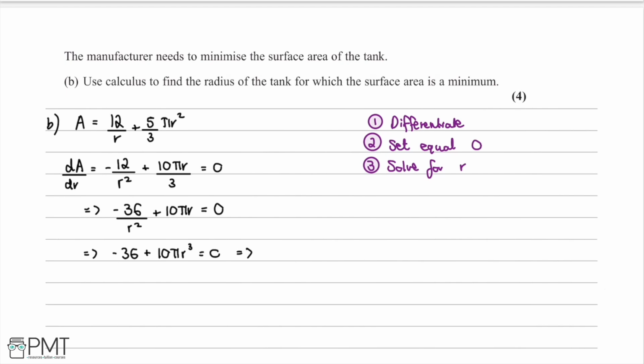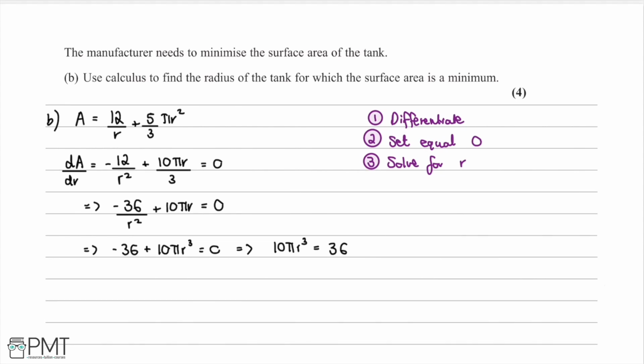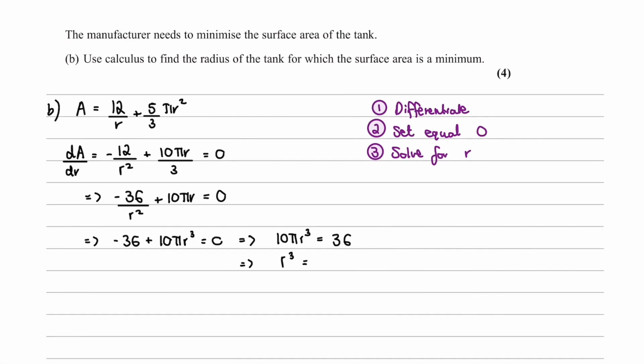And then continuing this on, we shall add 36 to both sides. So this leaves us with 10 pi r cubed is equal to 36. And we now want to solve for r. So therefore we have that r cubed is going to be equal to 36 divided by 10 pi. And then we can isolate r by taking the cube root.